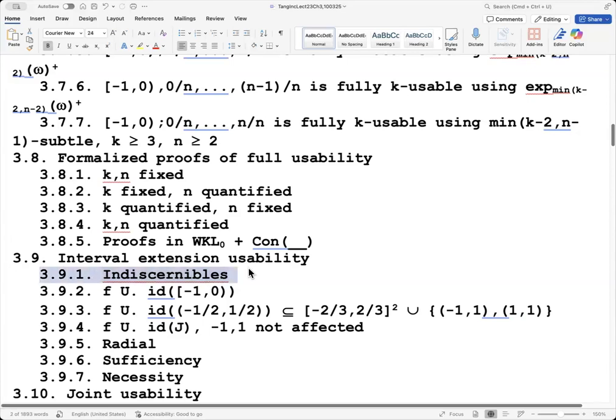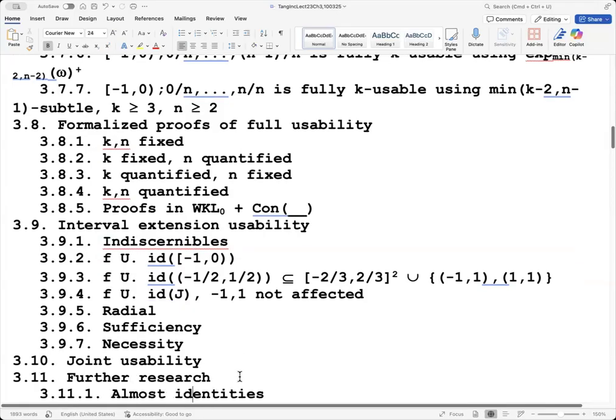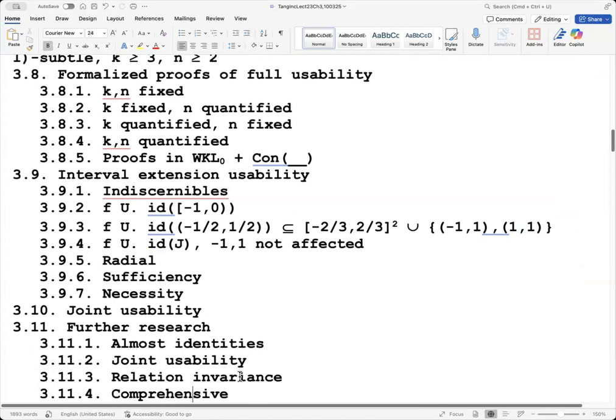So I have indiscernibles, and these are indiscernibles that you can only get with large cardinals. I don't get into the issue of what you can do in smaller systems here. There's a lot of further research that's pretty obvious and needed, beyond the book. I don't want to try to do everything.